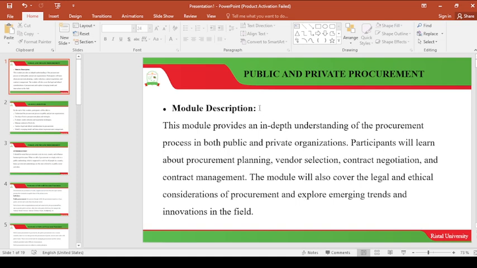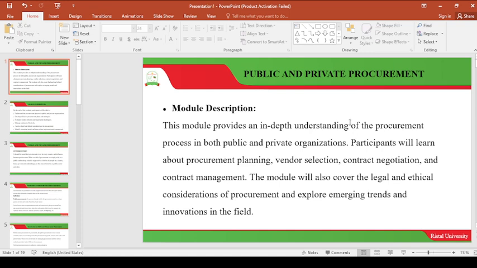Before we continue, let's look at the module description. This module provides an in-depth understanding of the procurement process in both public and private organizations. Students will learn about procurement planning, vendor selection, contract negotiation, and contract management in both private and public sector organizations.